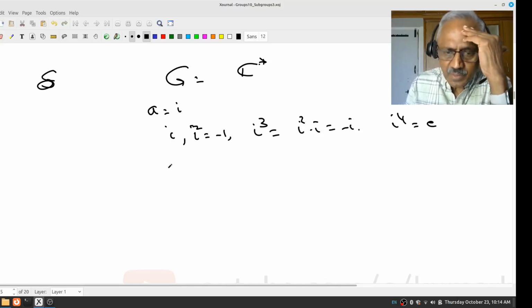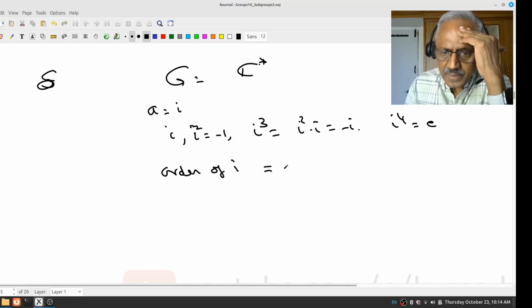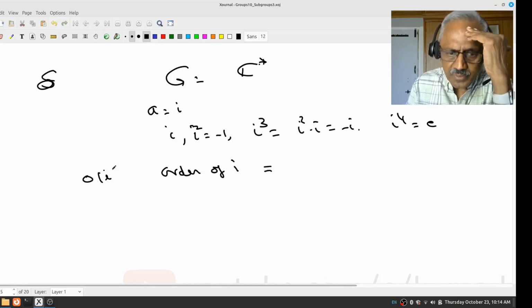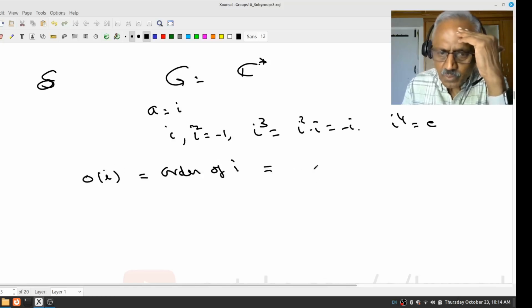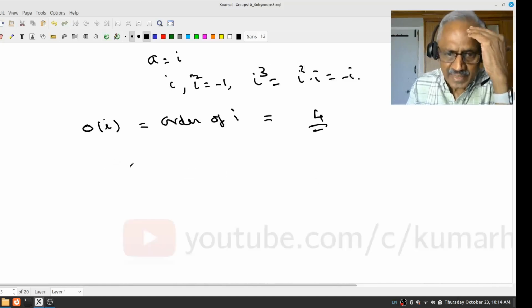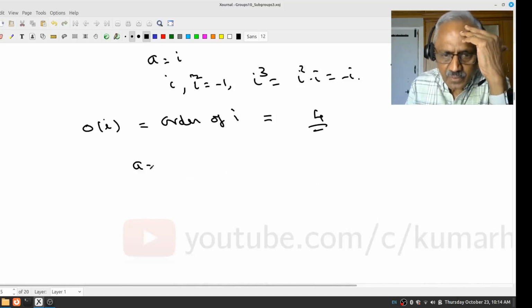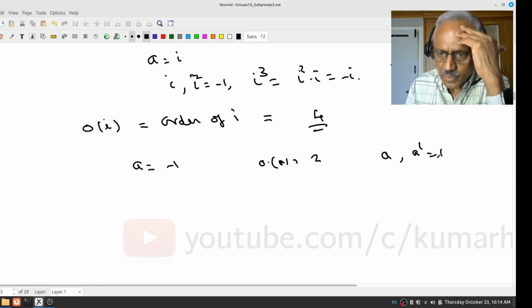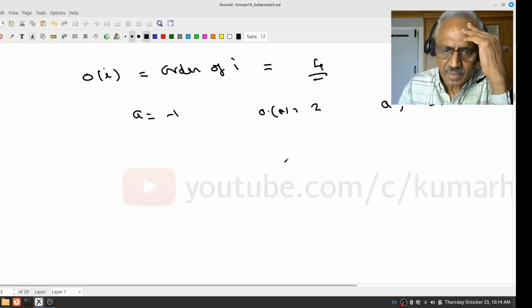Therefore, the order of i, usually denoted by O of the element a, is equal to 4. But on the other hand, if I take a equal to minus 1, order of a is 2 because a squared is already 1.